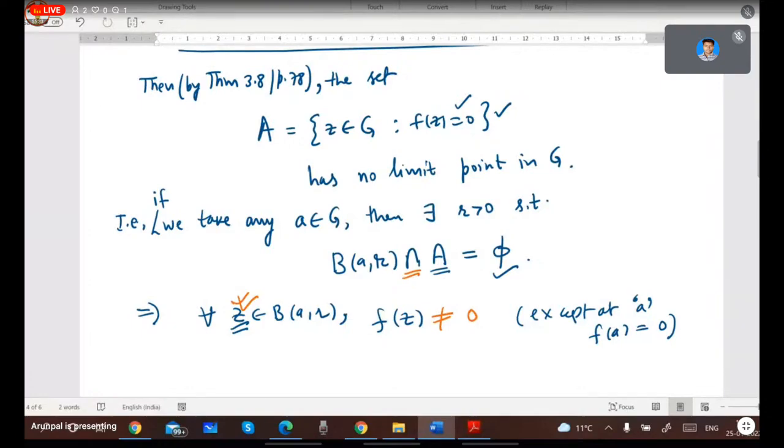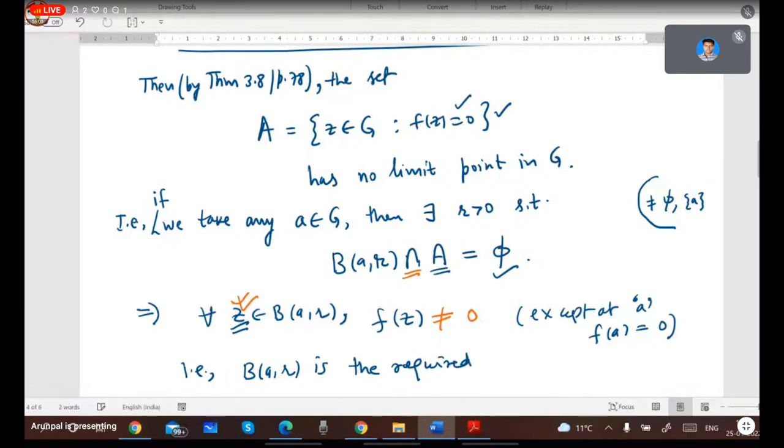Because if you remember, class, to become a limit point, this intersection must be not equal to this and must be different from the center. This is the complete definition. So other than a, it means at all other points the value of f must be non-zero. And it means what, class? That is, the ball is the required neighborhood.